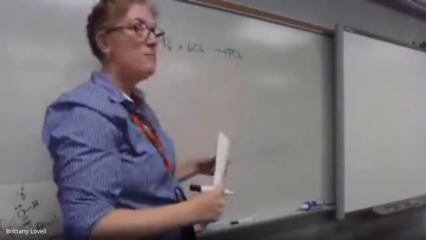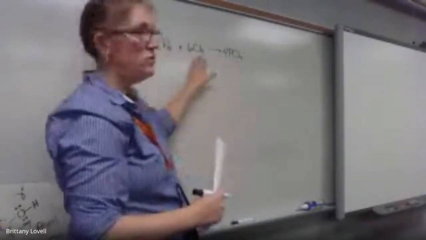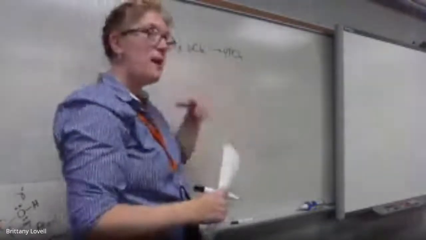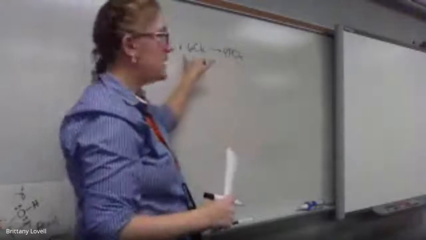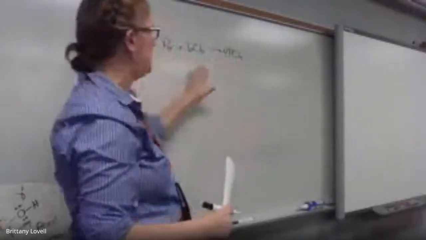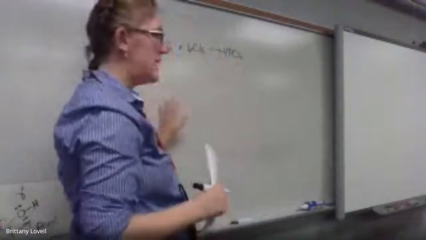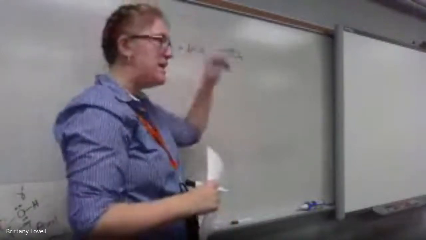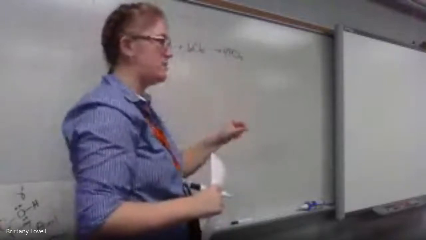So if I ask you how many molecules of Cl2 were needed, 6. If I'm asking you about molecules or moles, you got to tell me the coefficient. If I ask you how many chlorine atoms are on this side, you would say 12. Atoms means you're talking about individual particles.